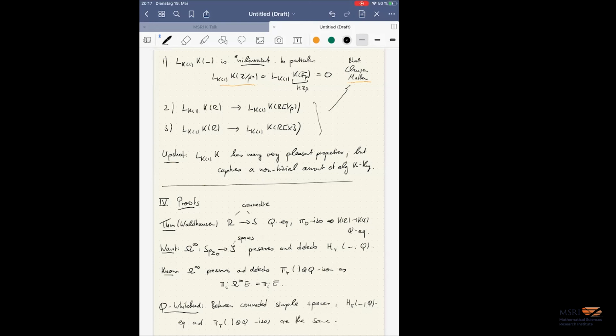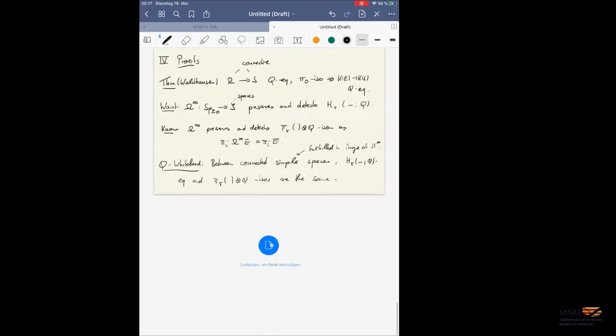Simple means the fundamental group is abelian and acts trivially on higher homotopy groups, and this is always fulfilled in the image of omega infinity. Okay, so it's nearly true. We just have to assume that our spectra are connected so that pi 0 is trivial.